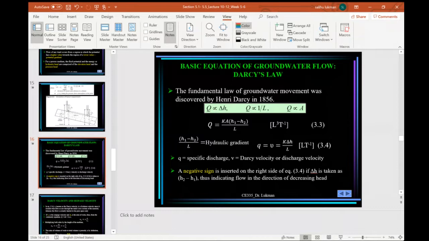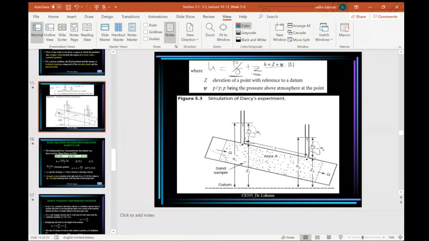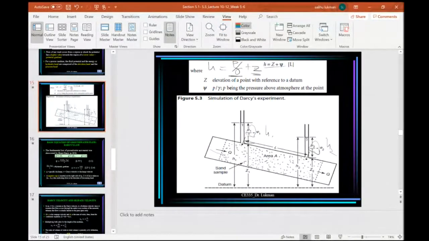He realized that the flow rate is directly proportional to delta H, the difference between the heads. Call this H1, H2. Meaning as the flow rate increases, delta H also increases.